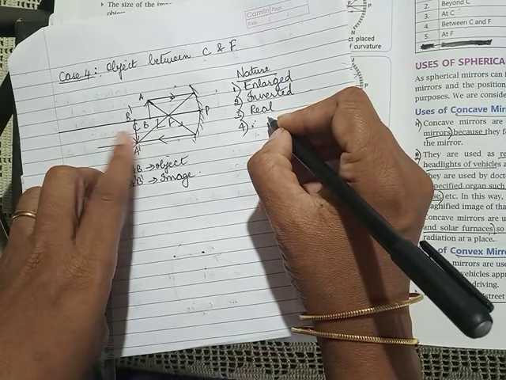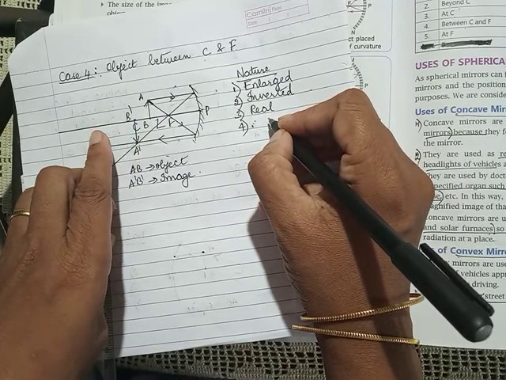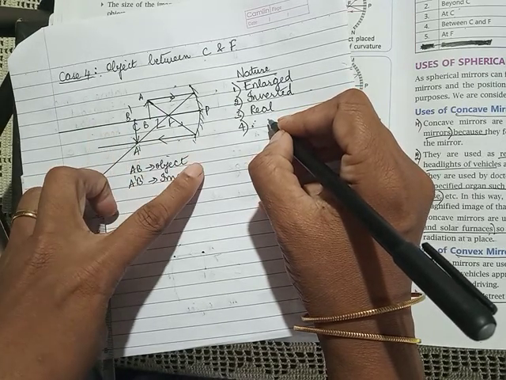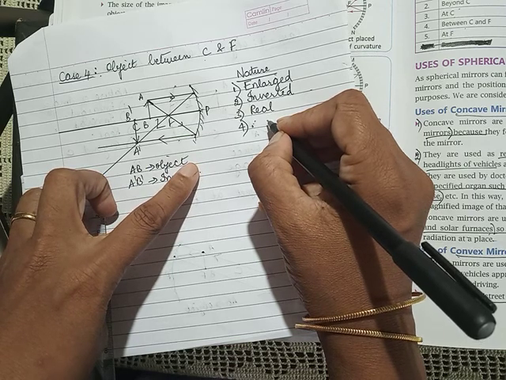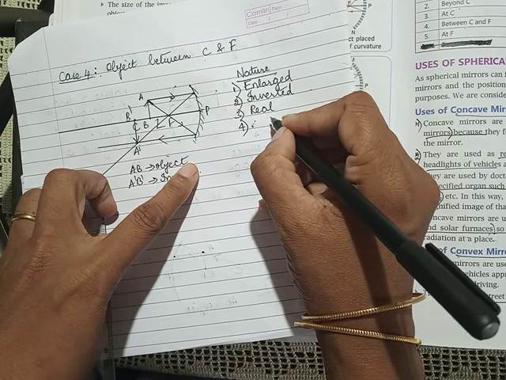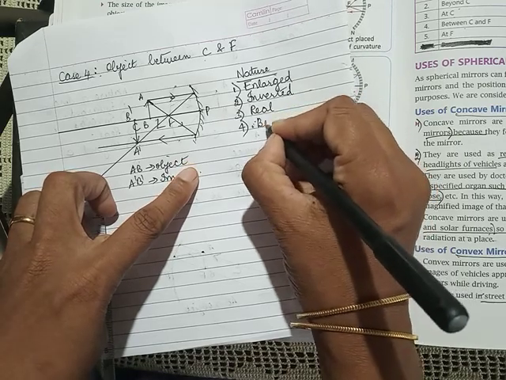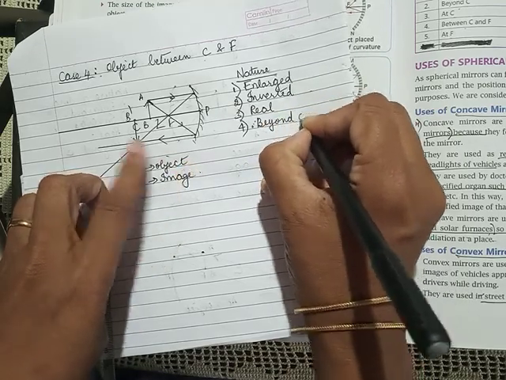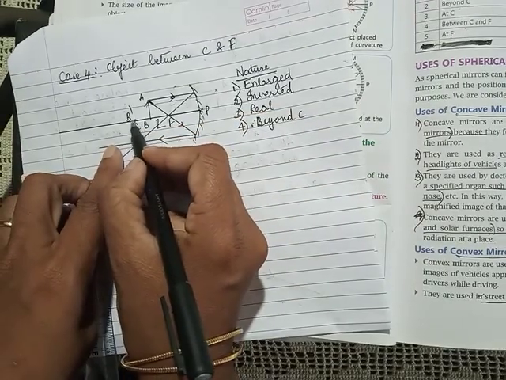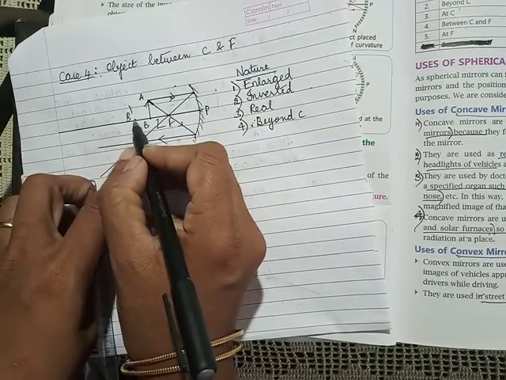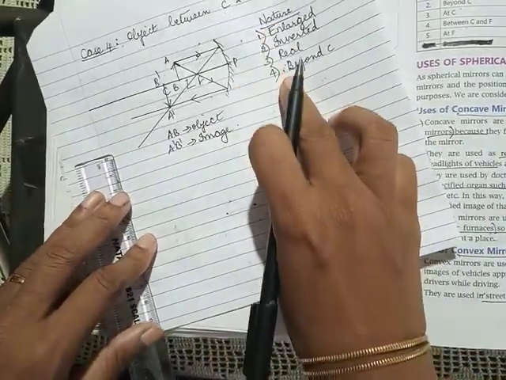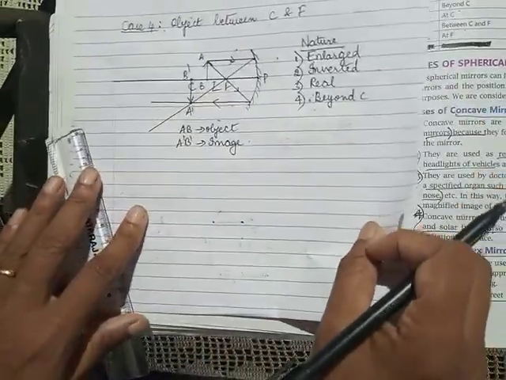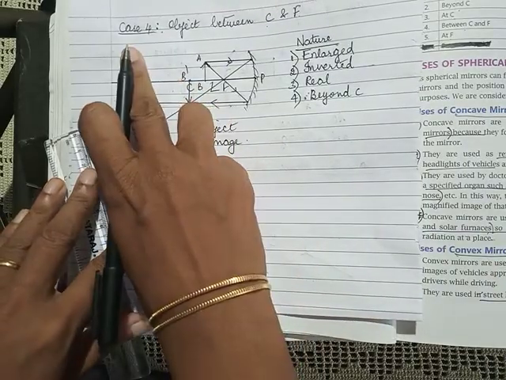It is formed beyond C. So beyond C, yeah, a little bit here. When you draw properly, you might get it somewhere this side. So these are the 4 characteristics or nature of image. Hope you got it, children. This is case 4.